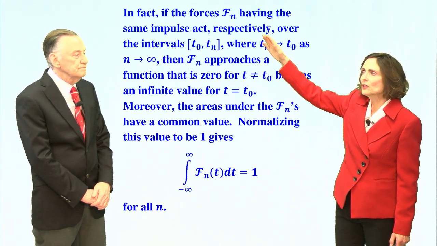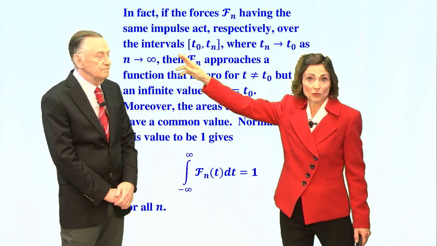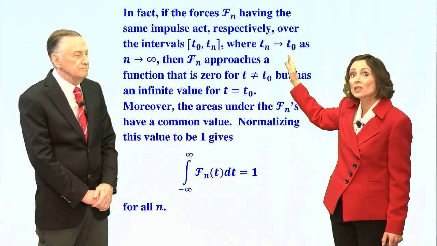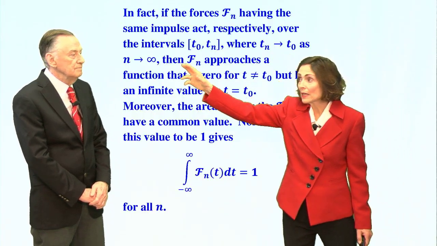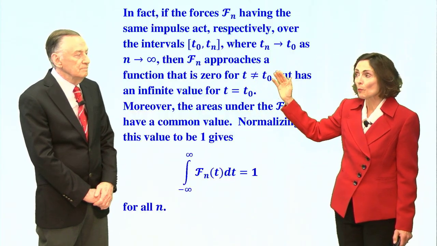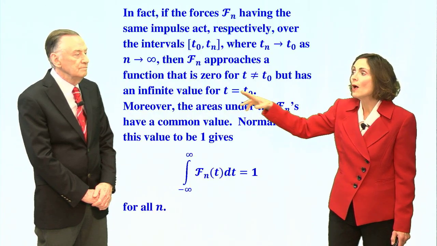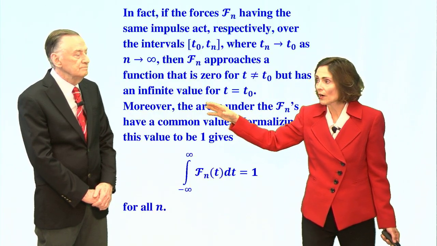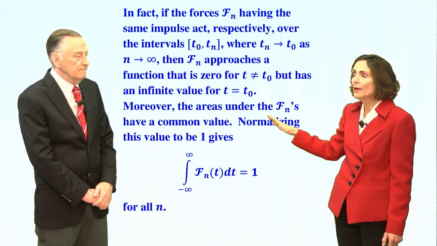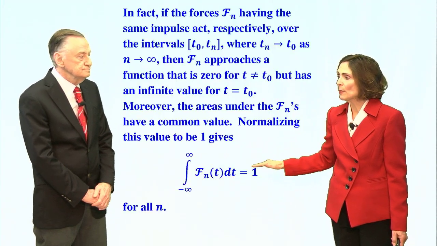So in fact, if those forces having the same impulse act over intervals t0 to t sub n, where now t sub n is going to approach t0 as n approaches infinity, then f sub n approaches a function that's 0 for t not equal to t0, but infinite or very large when t is equal to t0. So the areas have a common value. We're going to normalize them to be 1.